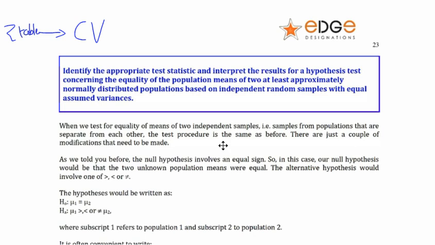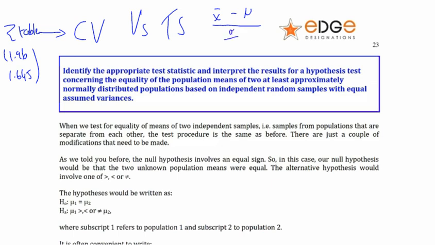Recall numbers like 1.96, 1.645, things like that. That's my critical value versus the t-statistic. I'm just going to write out what the t-statistic is for you guys. Remember, it was x bar minus the mean, over the standard deviation over the root of n, and we compare those two in order to conclude on our hypothesis test.